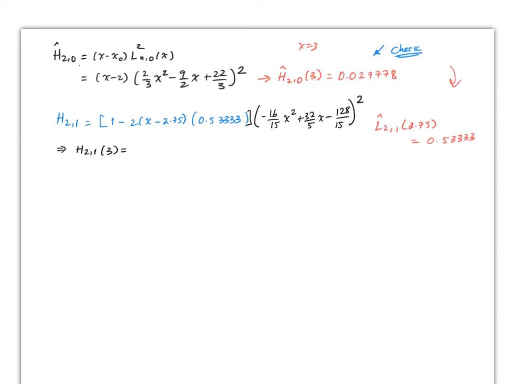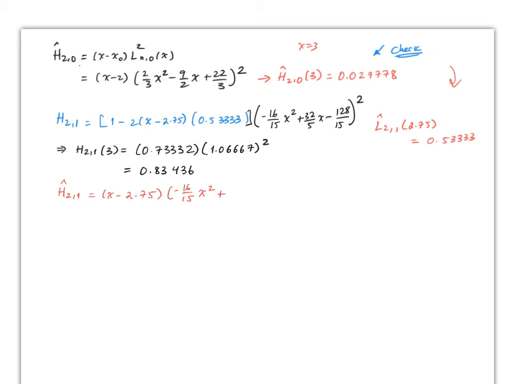If you plug in the value 3 in here and simplify, you'll end up with 0.73332 for the first part times 1.06667 squared, and this is equal to 0.83436.